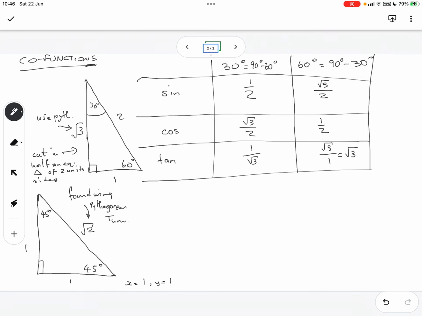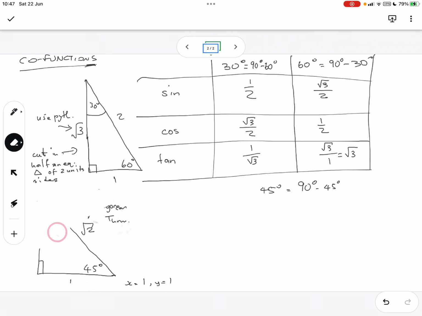Now we're going to do the same. I'm gonna remove this one.